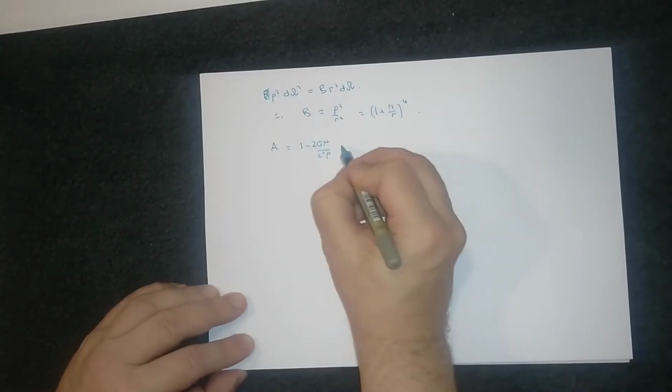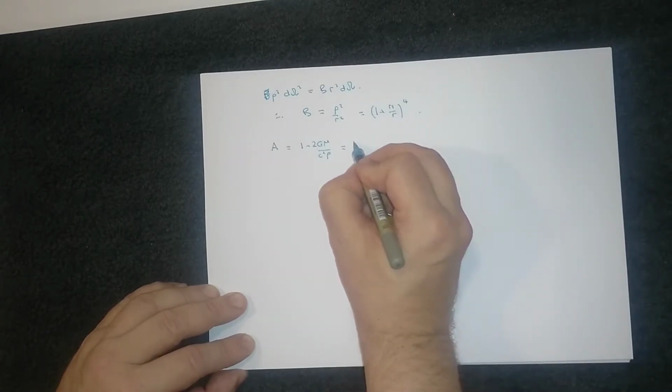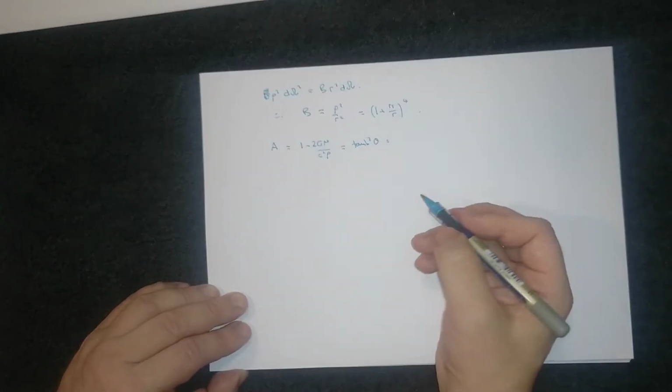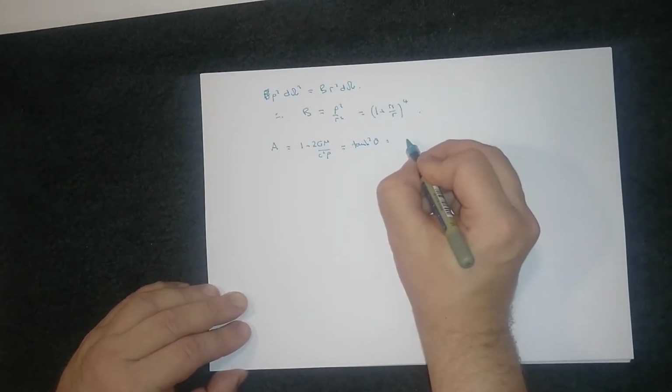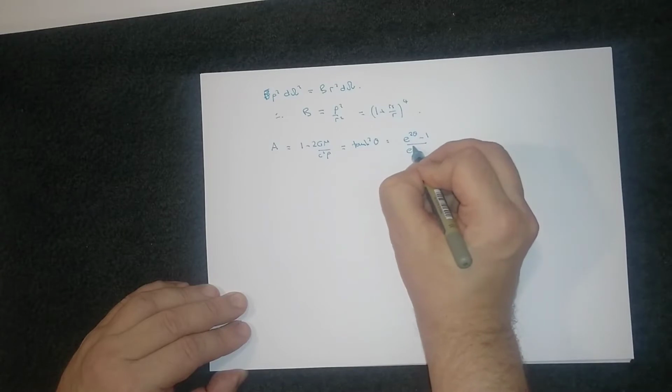For A, that was 1 minus 2GM over c squared rho, which was 1 minus sec squared, that's tanh squared theta, which is ((e to the 2 theta minus 1) over (e to the 2 theta plus 1)) all squared.